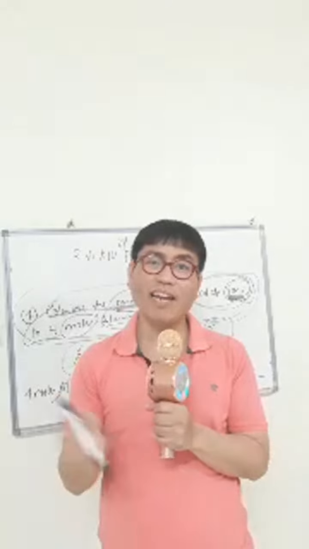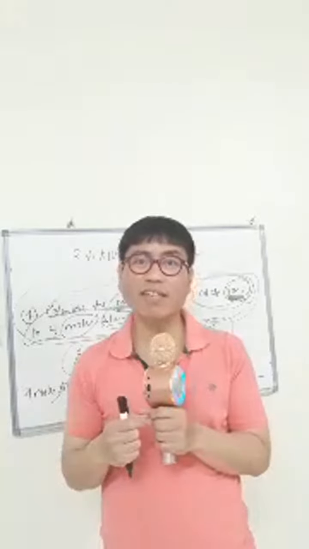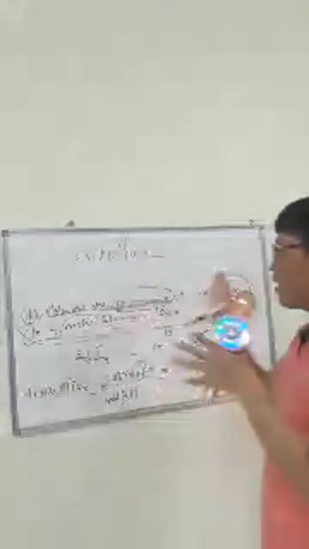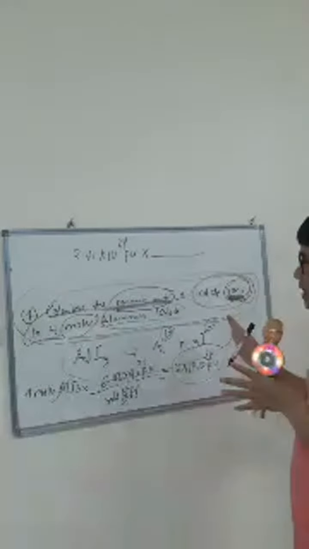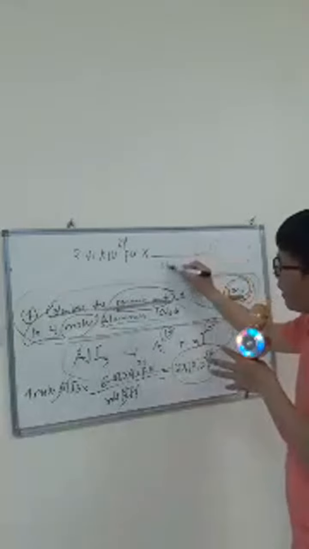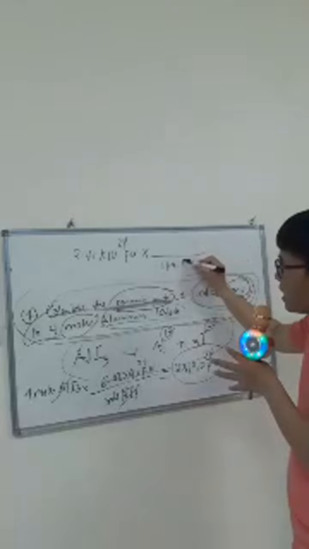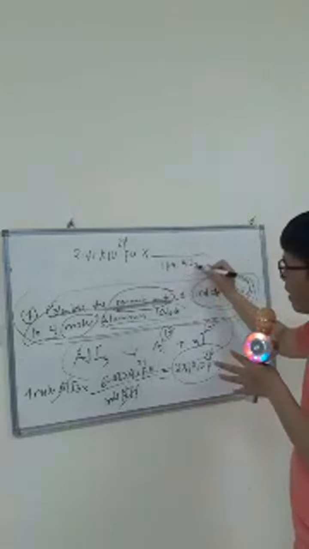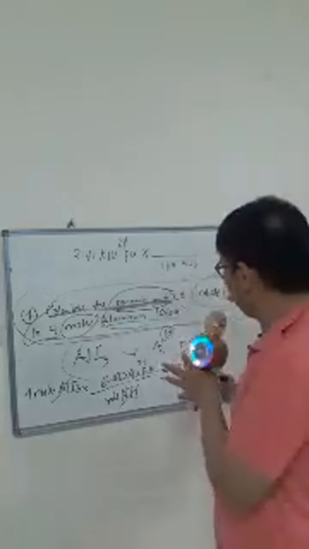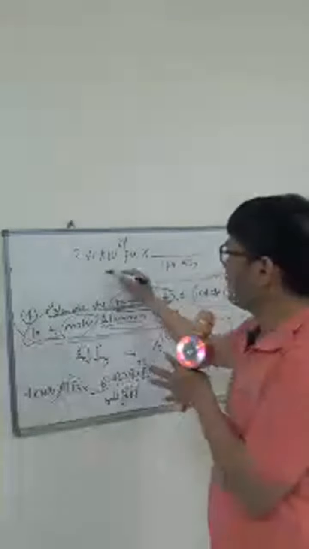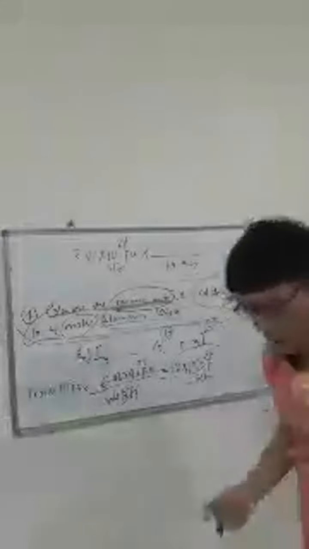This is not for the element only. So we need to say 1 formula unit of aluminum iodide, 1 FU of AlI3, because your formula unit is AlI3. Now you need to determine only the iodide ions in that entire formula unit of aluminum iodide.